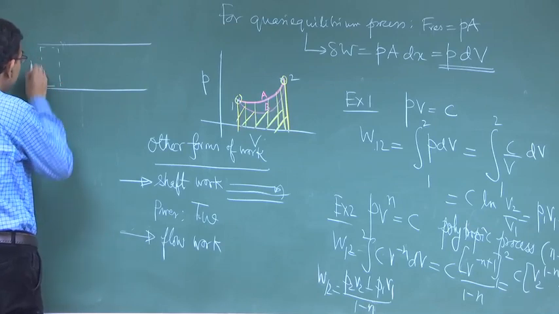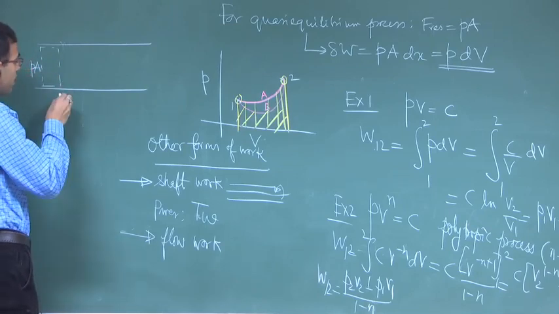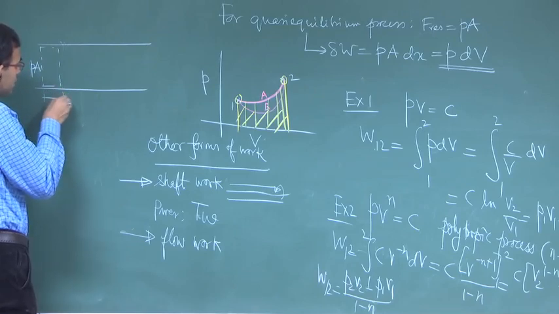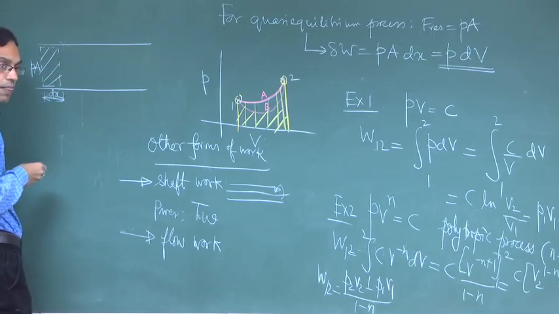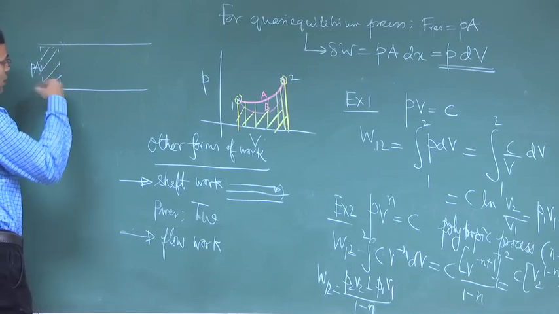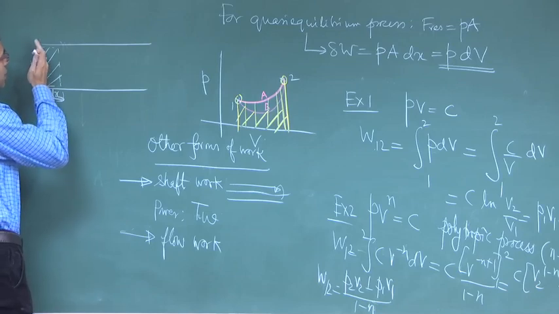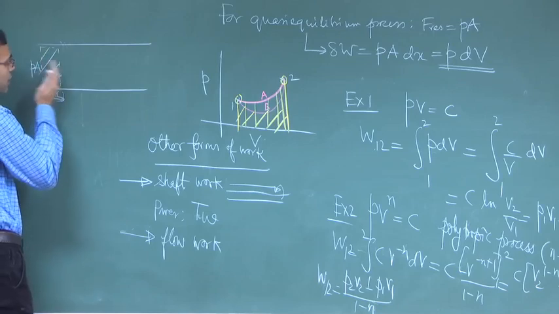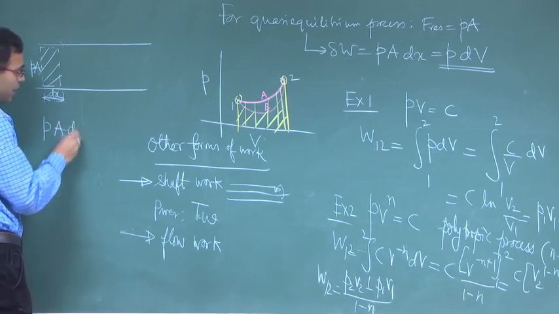So, if the pressure is P and the area of cross section is A and the element of fluid we consider as dx, then the total work due to displacement of one front of the fluid by dx is P A into dx.